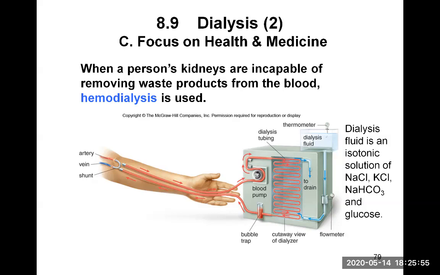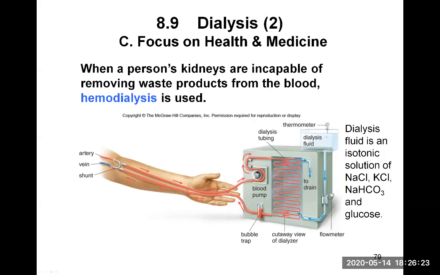The blood is taken out of the person's body and goes through a tube. Then there is a portion of the tube that is dialysis tubing, which is a cellophane membrane, and it's suspended in an isotonic solution that contains NaCl, KCl, NaHCO3, and glucose.